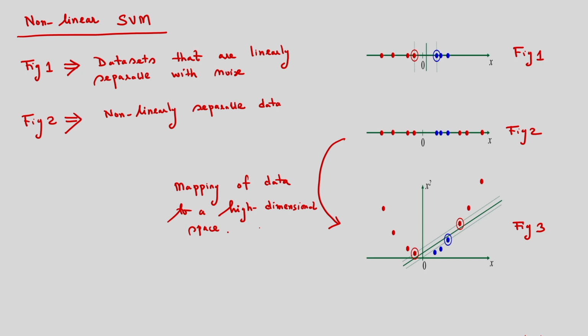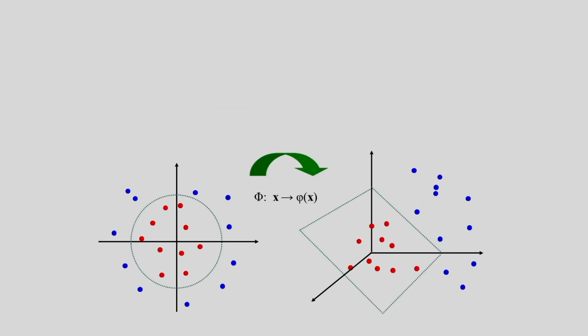So in my next slide, I can show that concept. What is the nonlinear support vector machine in the feature space? In the figure you can see in this slide, I am doing the mapping from the low dimensional space into the high dimensional space.